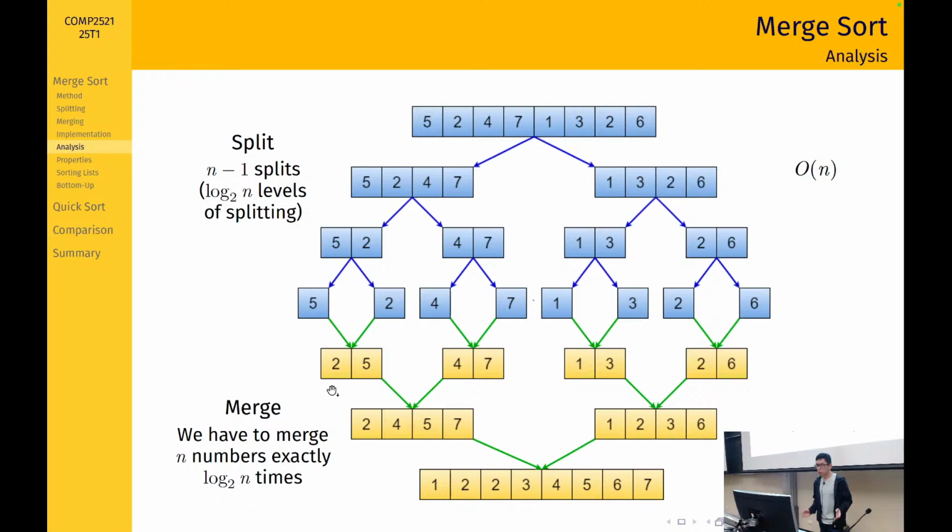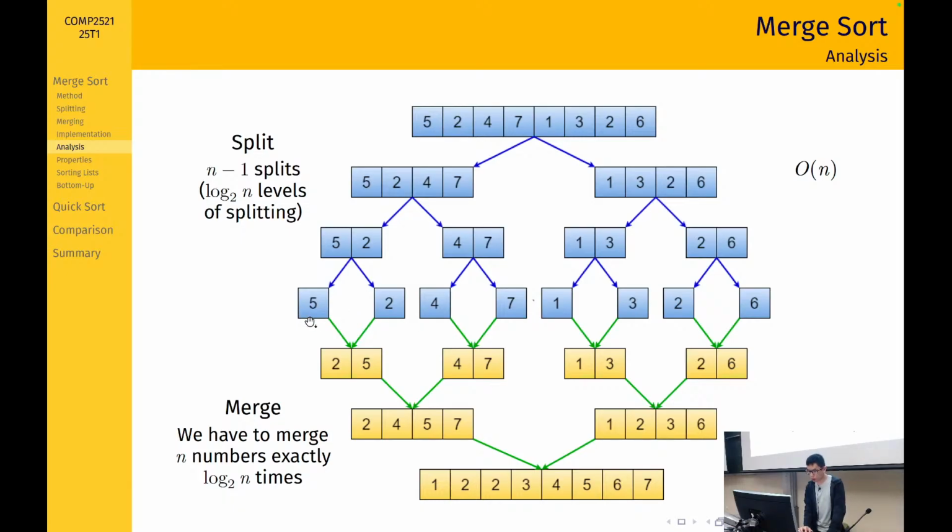Okay, when we merge, we have to consider how many times we merge, and for analyzing merge sort, we want to consider the cost of merging across each level, across each row.